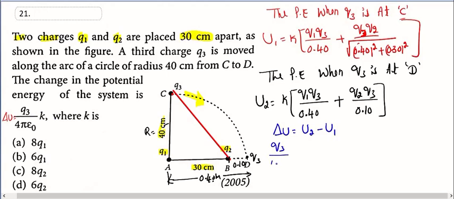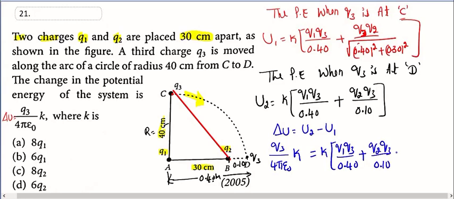So the change in potential energy, Q3 divided by 4 pi epsilon naught into K, is equal to U2, which is K times Q1 Q3 divided by 0.40 plus Q2 Q3 divided by 0.10, minus Q1 Q3 divided by 0.40 minus Q2 Q3 divided by the square root of 0.40 squared plus 0.30 squared.